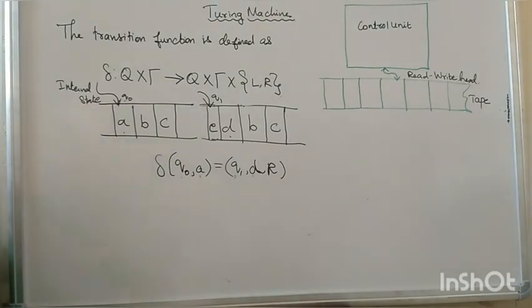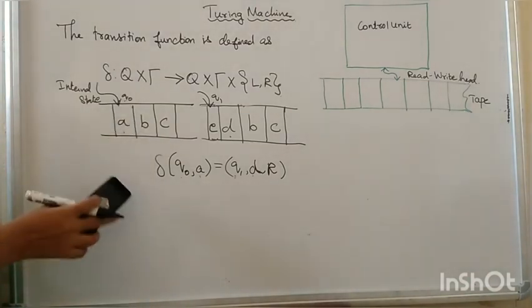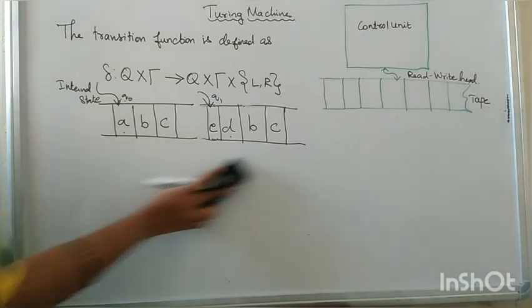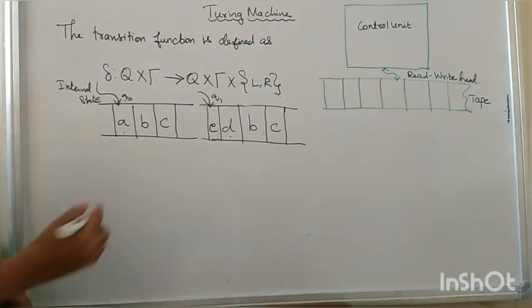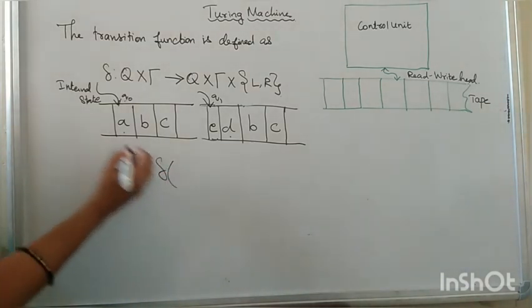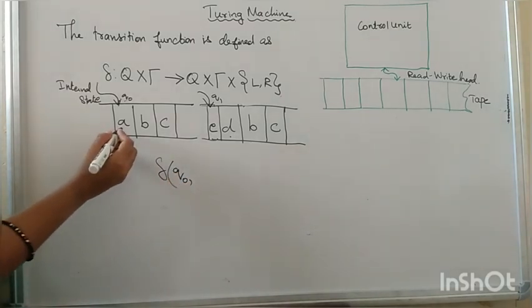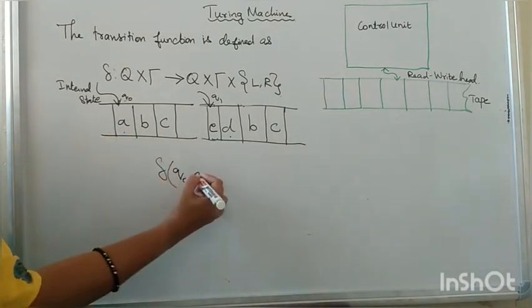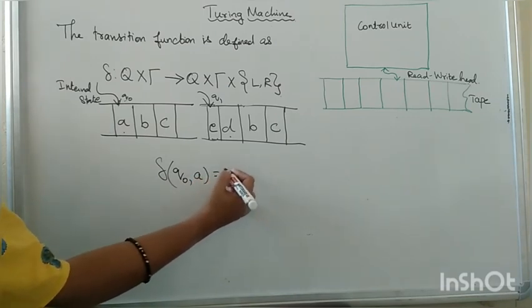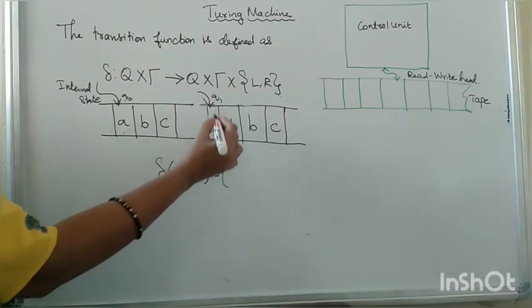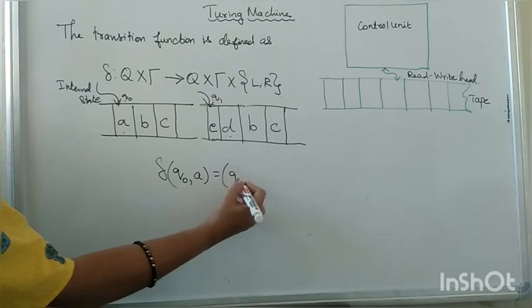In case I have a transition like this, I have to write the transition as del of the initial state Q0, comma the tape symbol A, equal to, here the resultant state is Q1.